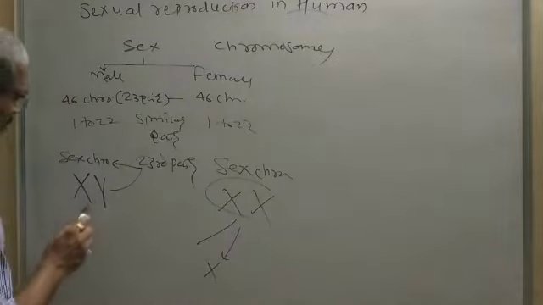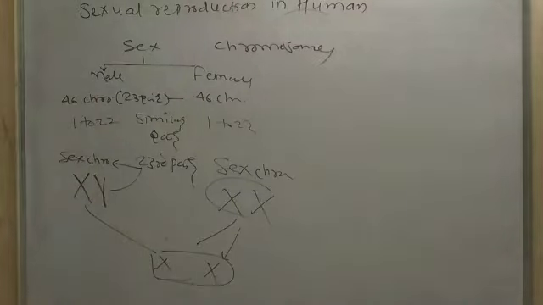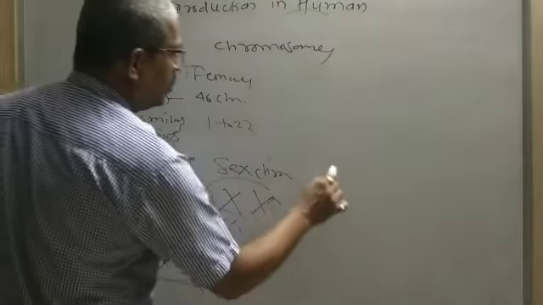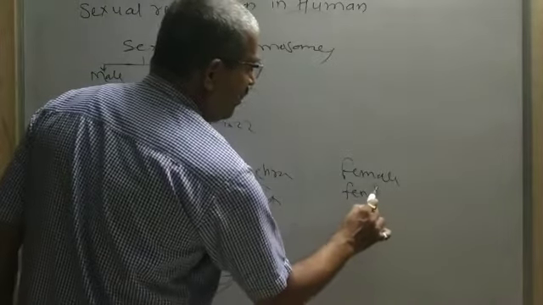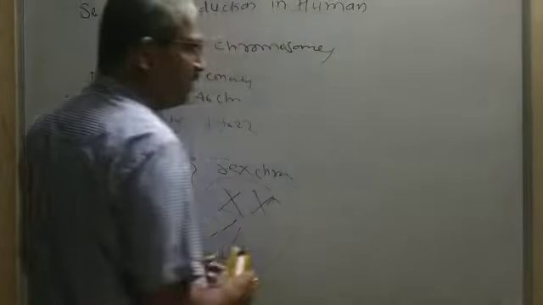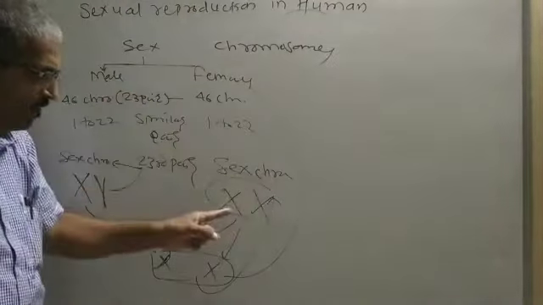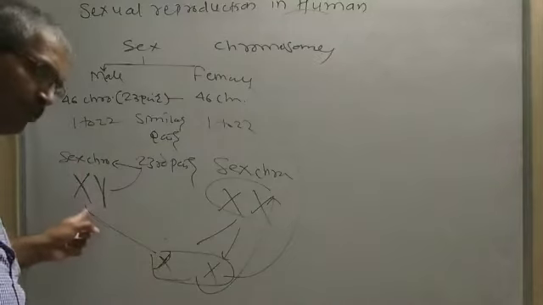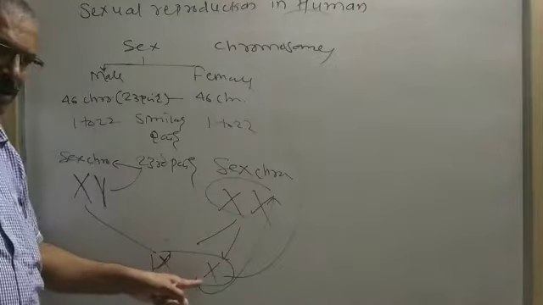Then suppose instead of Y, X comes out, then what will happen? In the newborn baby two same kind of chromosomes come, and these XX chromosomes make it female. Means the newly born baby will be a girl. So giving birth to a girl or boy does not depend upon the female, because the 23rd pair is XX, and here it is different. If an X chromosome comes out from the male, then the new baby will be a girl.